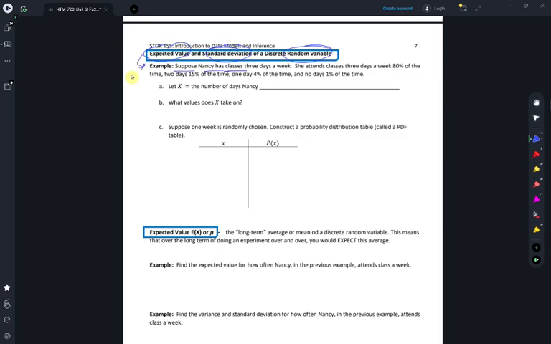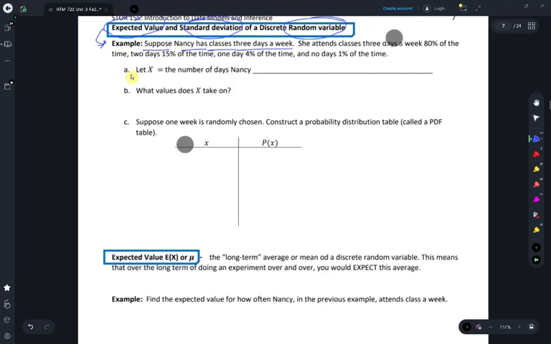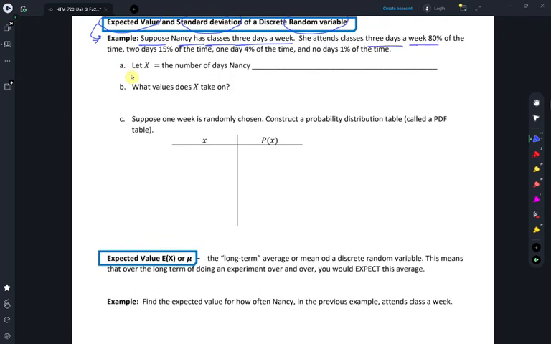Suppose Nancy has classes 3 days a week and she attends classes 3 days a week 80% of the time, 2 days of the week 15% of the time, 1 day a week 4% of the time, and no days at all in the week 1% of the time. Well, in this illustration, our variable of interest, that quantity of interest, will be the number of days that Nancy attends classes weekly. That appears to be the subject of this scenario.